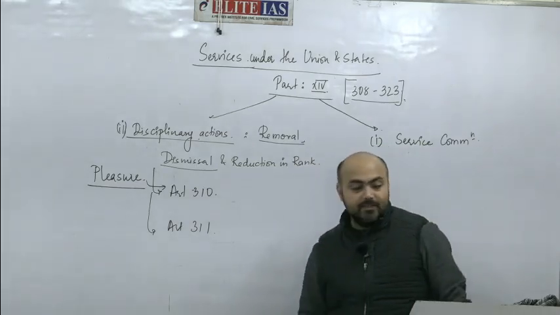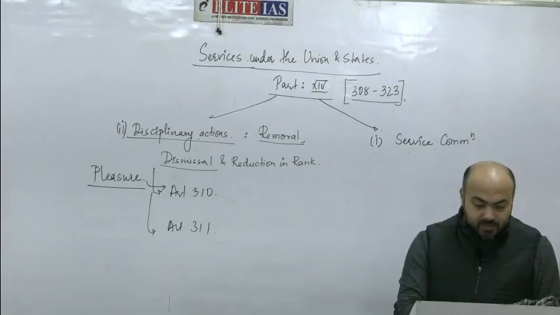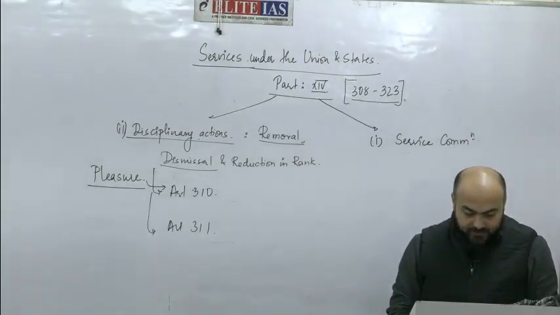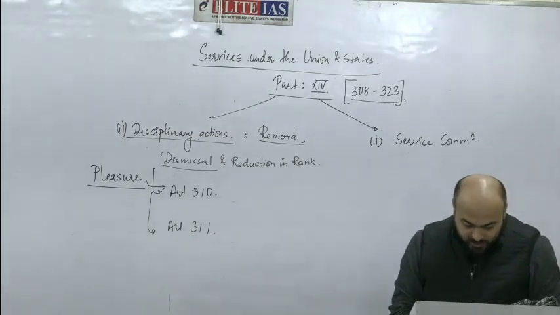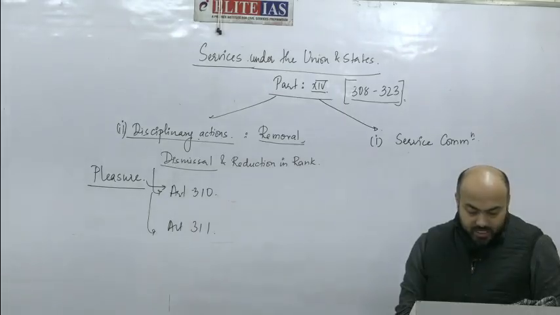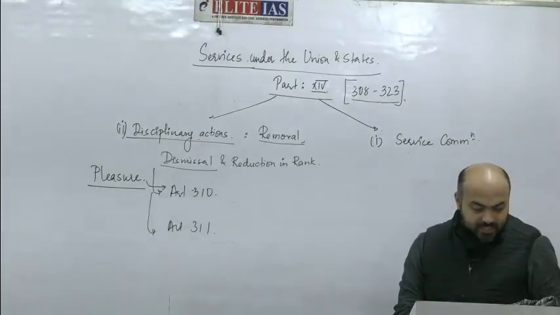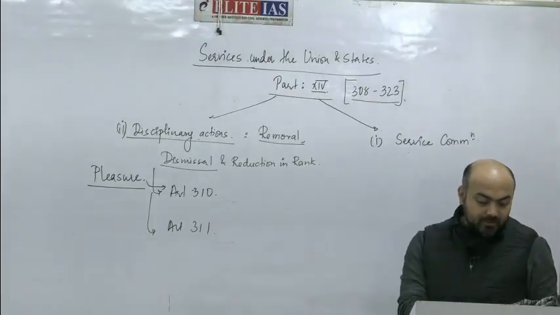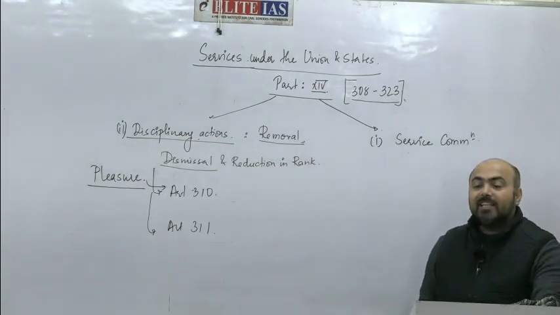Clear? Write this. A person working in the civil capacity under the union or the state works under the pleasure of the president or the governor, as the case may be.